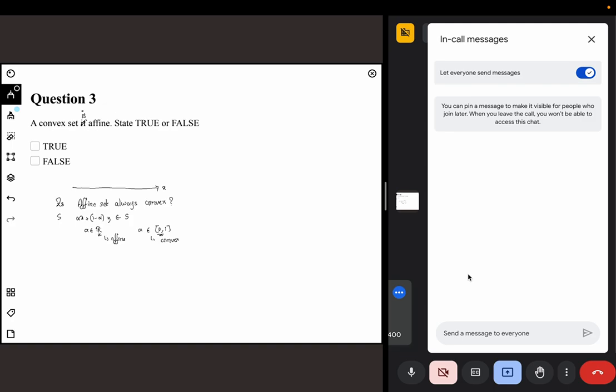So if a set is affine, alpha can be 2, 3, whatever, and then it cannot be convex. I should have asked the question this way instead: an affine set doesn't mean you will always have a convex set.